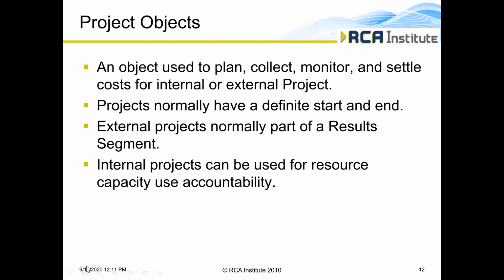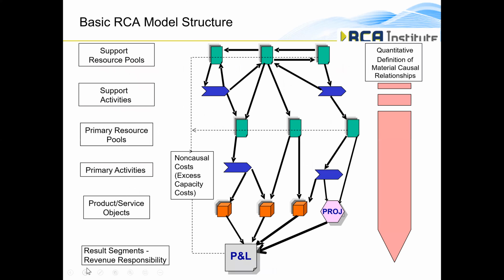And internal projects can be used for establishing accountability for the resources that are used, so you know how much you're spending on a special project or an initiative. So we only have one project object here, and based on the fact that it's reporting into a results segment, we would tend to believe that it's a sellable project that was done for a purchasing customer.